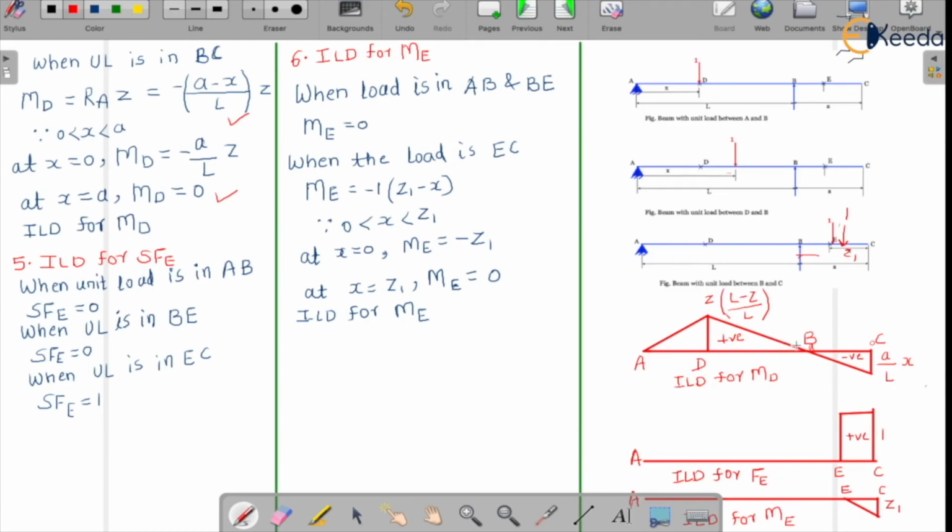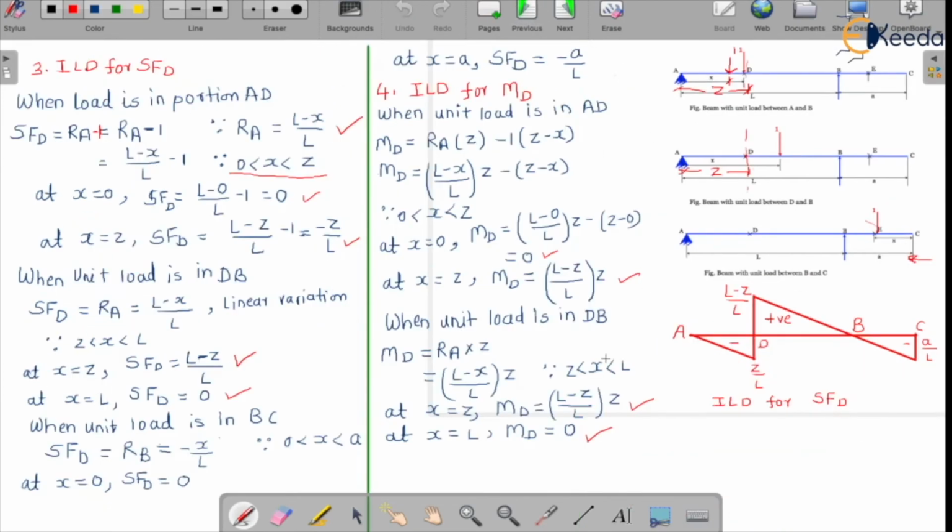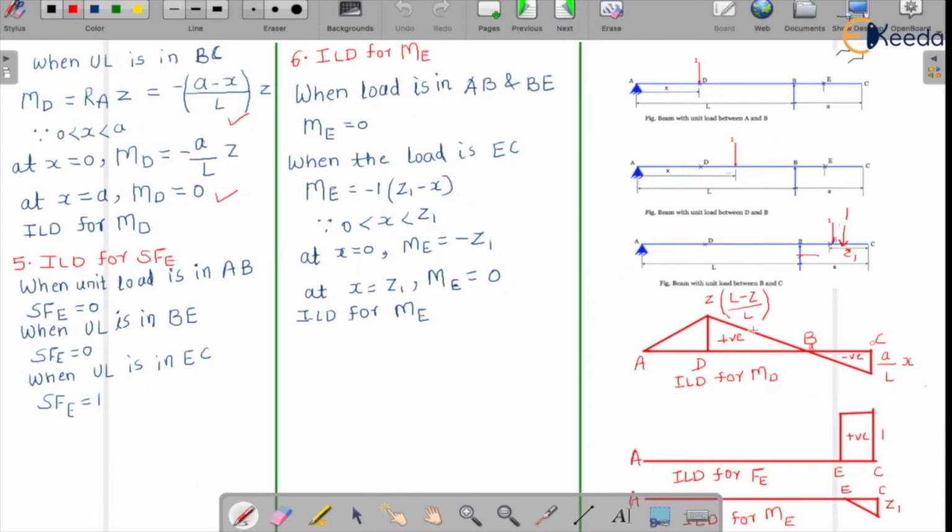Similarly, at X equal to Z, MD is equal to (L minus Z) by L. Let us plot that value there. Once we plot, we simply connect those lines and we get the ILD for moment at D.